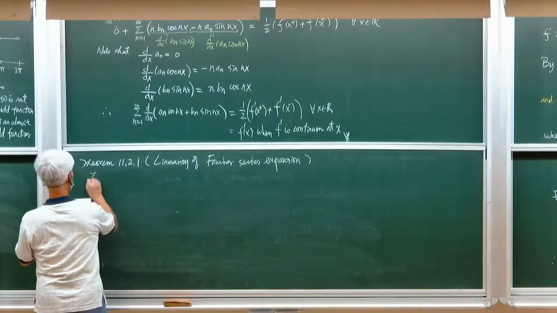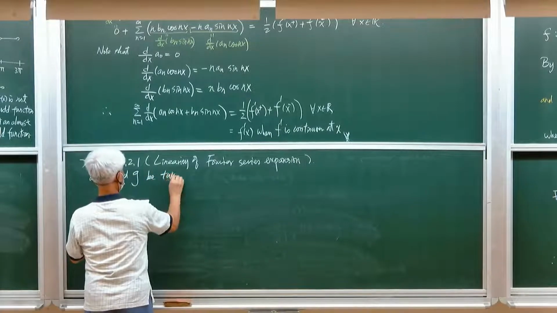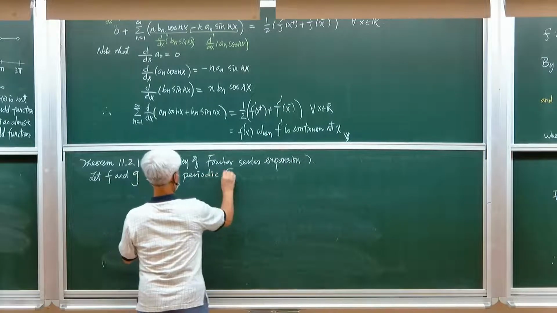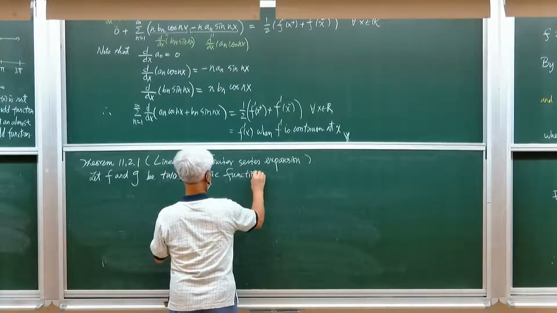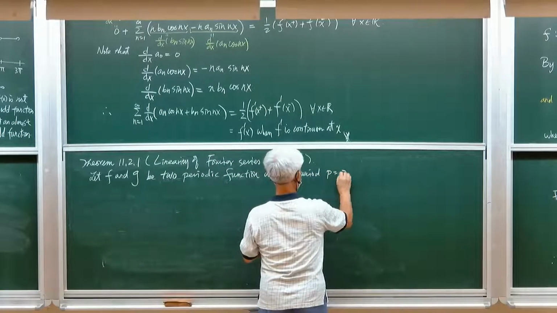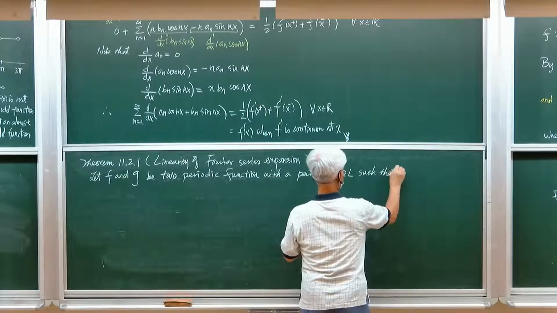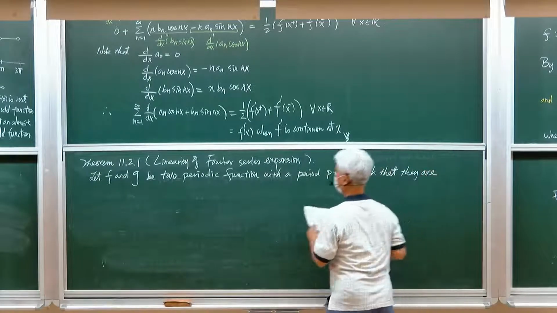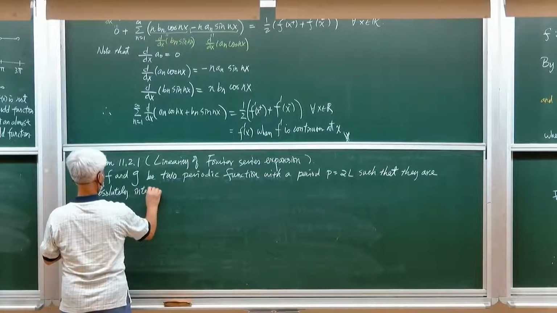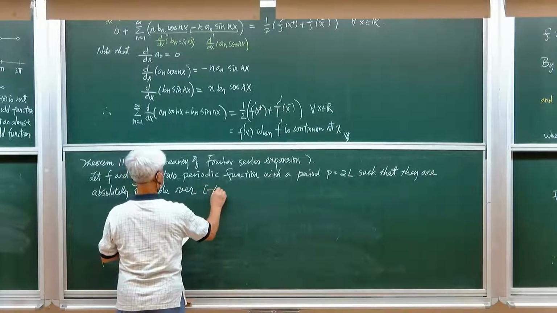Let f and g be two periodic functions with period p equal to 2L, such that they are absolutely integrable over minus L to L.